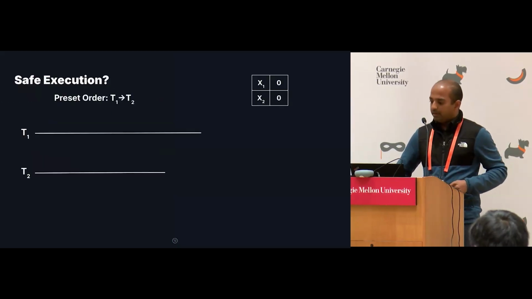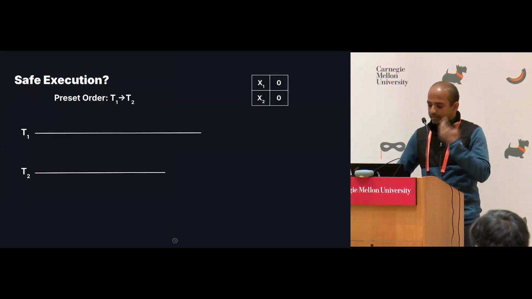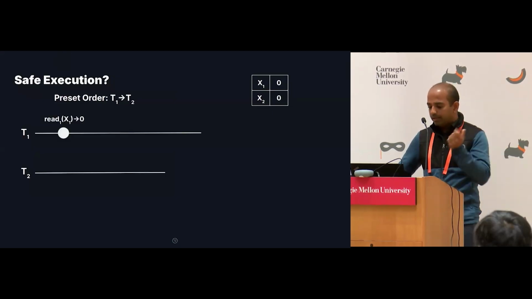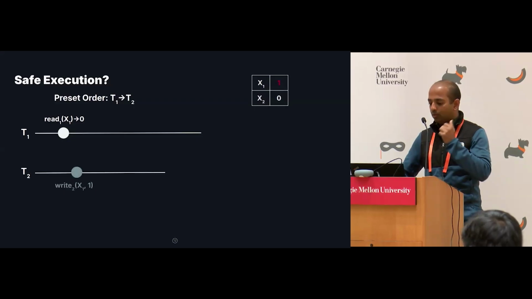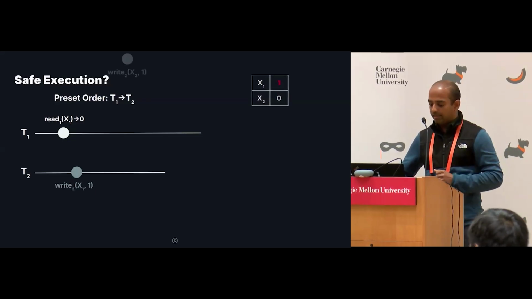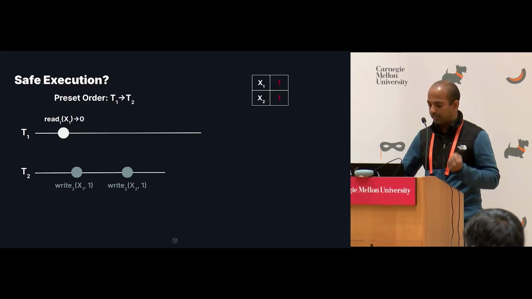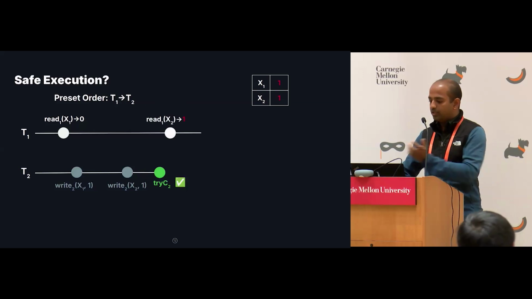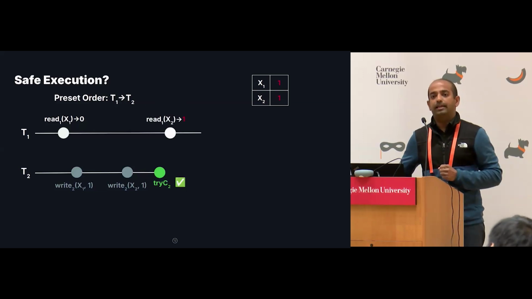Let's look at another example to motivate where we're getting to in terms of the contribution in this work. Here I have a transaction T1, which is reading a memory location X1, and a concurrent writer, T2, which is writing 1 to location X1, and also writing 1 to a location X2. Then transaction T1 performs a read of location X2.